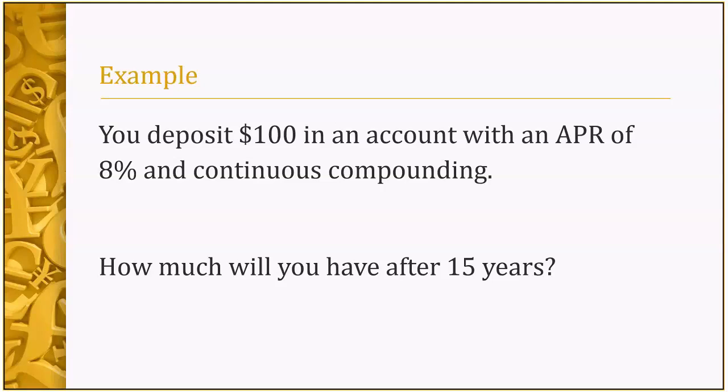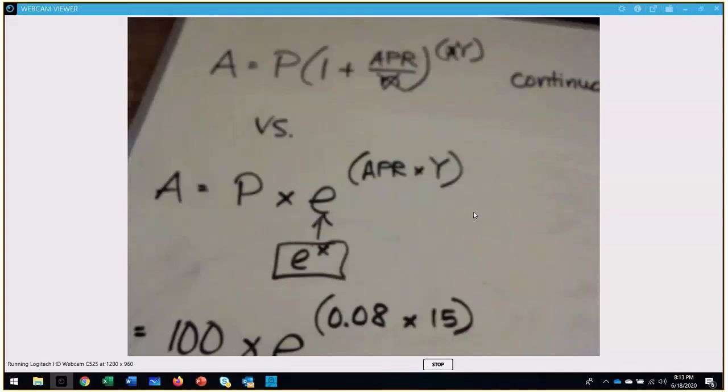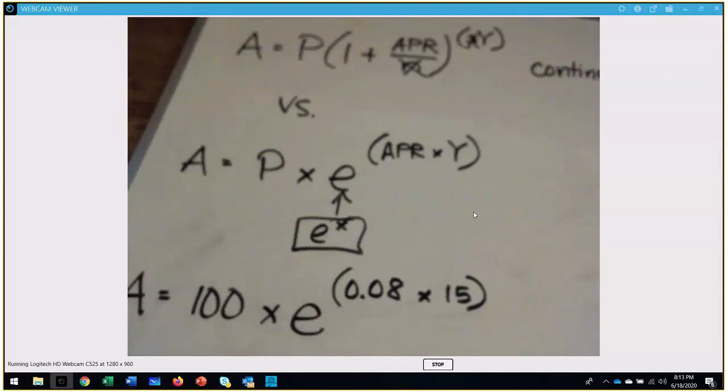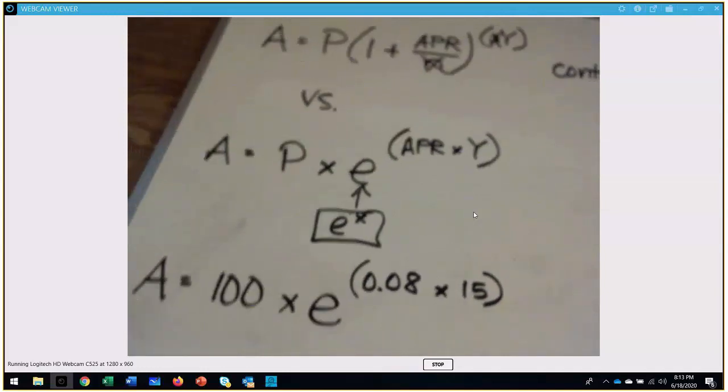So A equals P is 100 times, we're going to use our EX key, which is automatically going to put us up into the exponent, and then it's going to be 0.08 for the rate times 15 for the time.